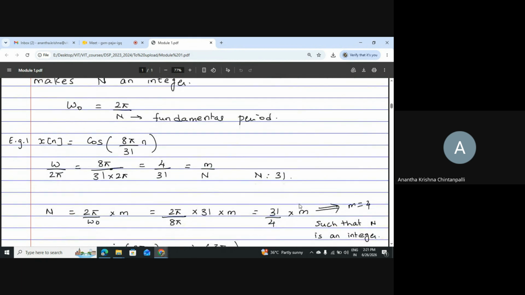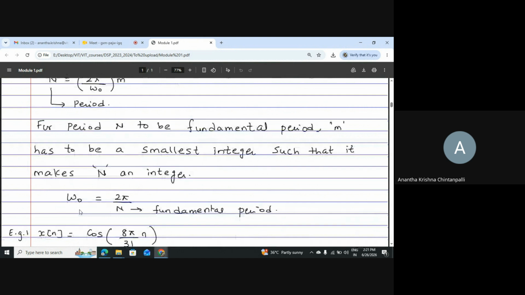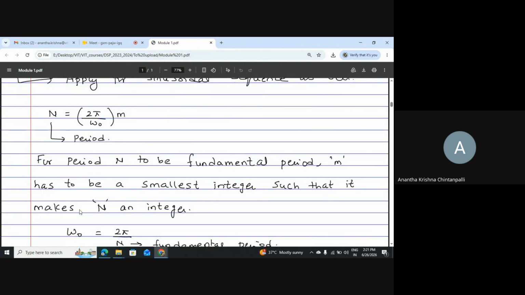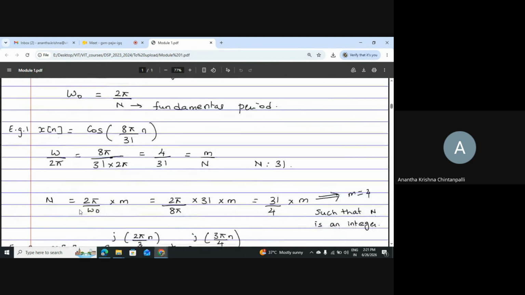Now, let me help you understand the significance of why m has to be the smallest m. If I go back to the same definition, N is equal to 2 pi divided by omega naught times m. Omega naught is 8 pi by 31, so this is 31 by 4 times m.